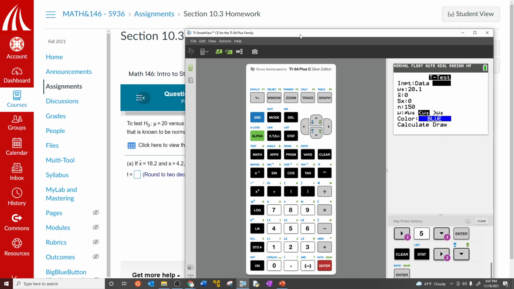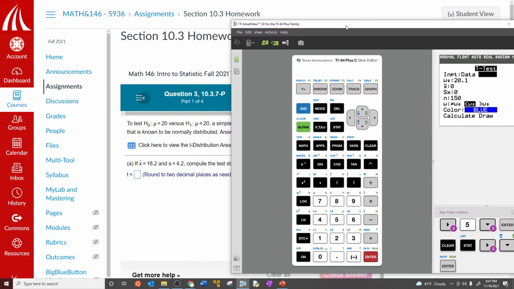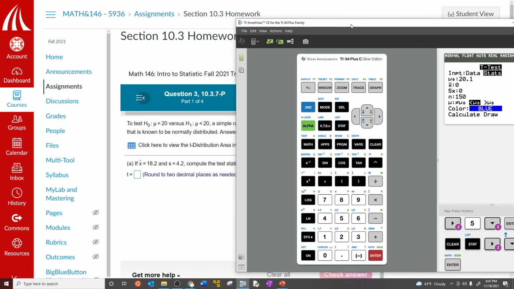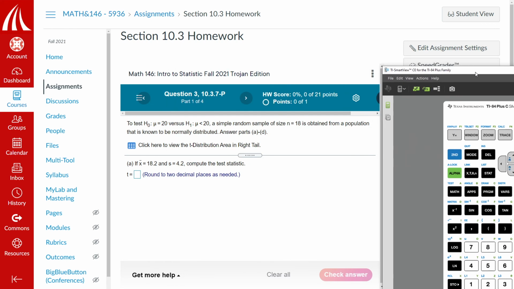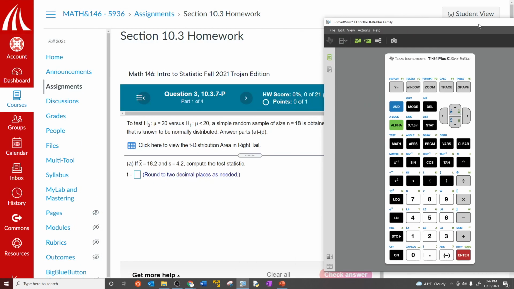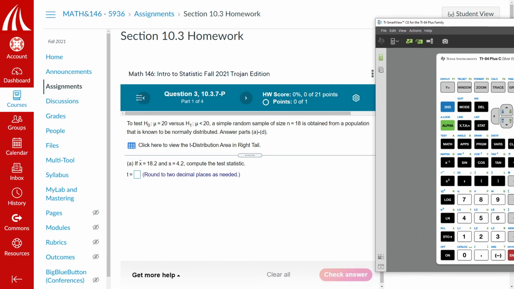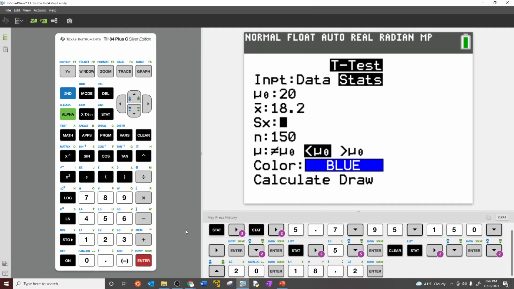And it's going to be the kind of t-test where we know what the stats are. So mean is 20. X bar is 18.2. Standard deviation 4.2.